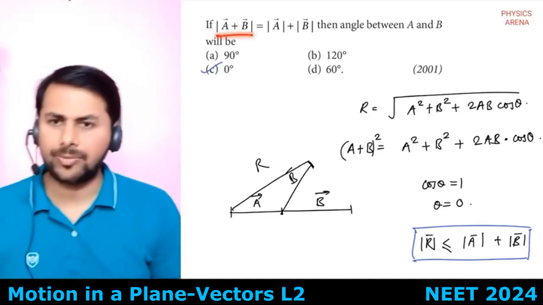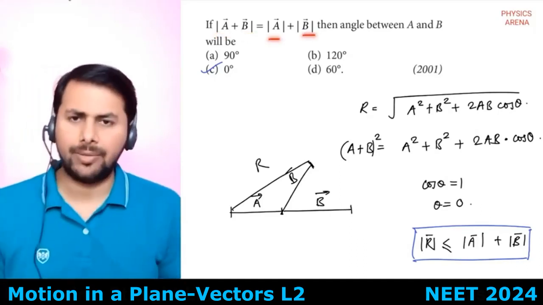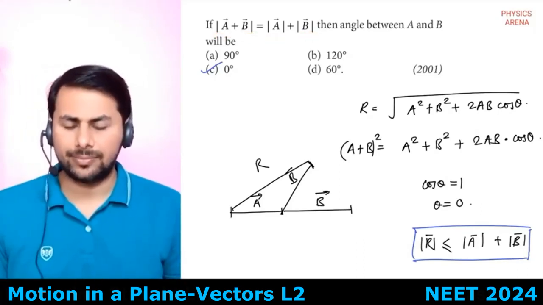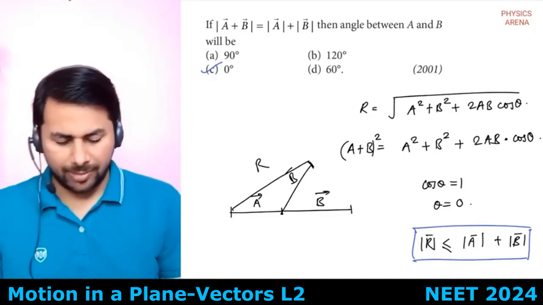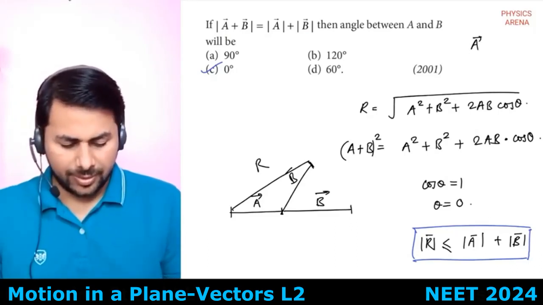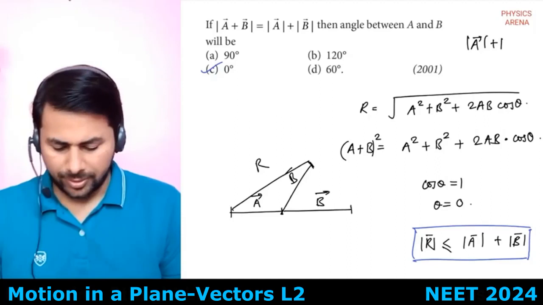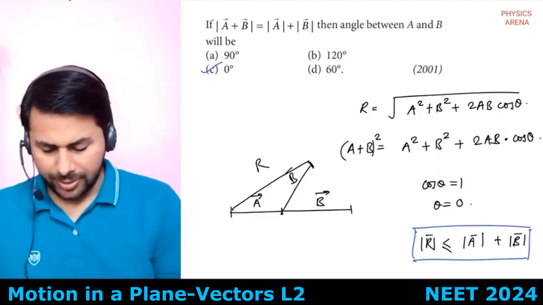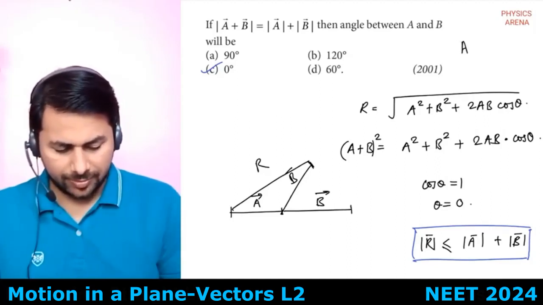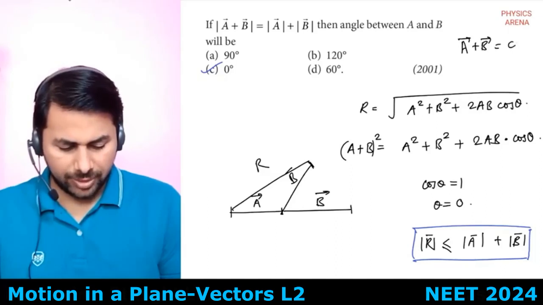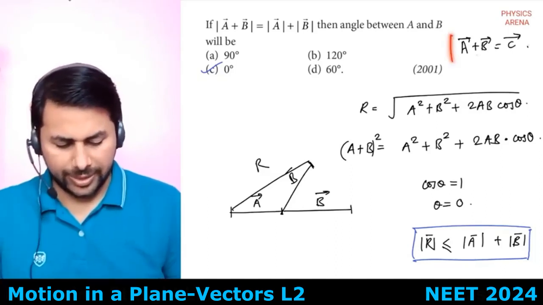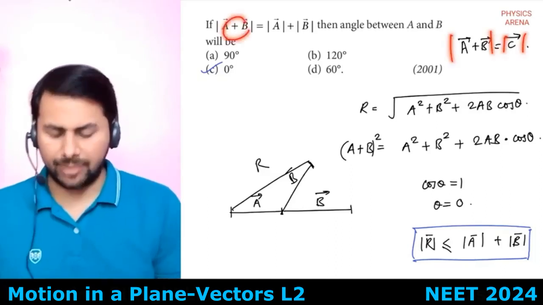Magnitude of A bar plus B bar is equal to magnitude of A bar plus magnitude of B bar. So let's suppose A bar plus B bar is equal to C bar. Now if you take its magnitude, it will be magnitude of C bar.